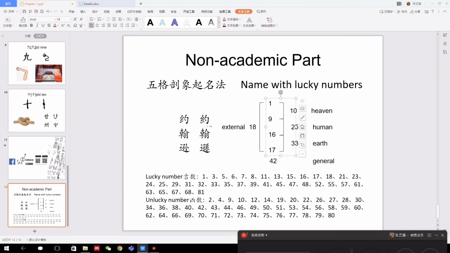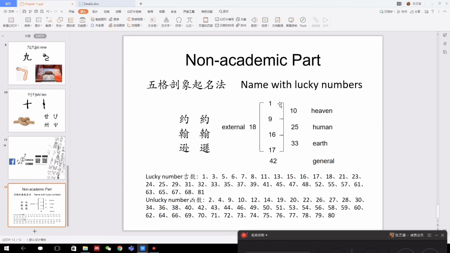After you have this, put a 1 on the front, and then you add 1 and 9, that is 10. 9 and 16, that is 25. 16 and 17, that is 33. And you add the total of 9, 16, and 17, that is 42. And then you add the last number with 1, that is 18.